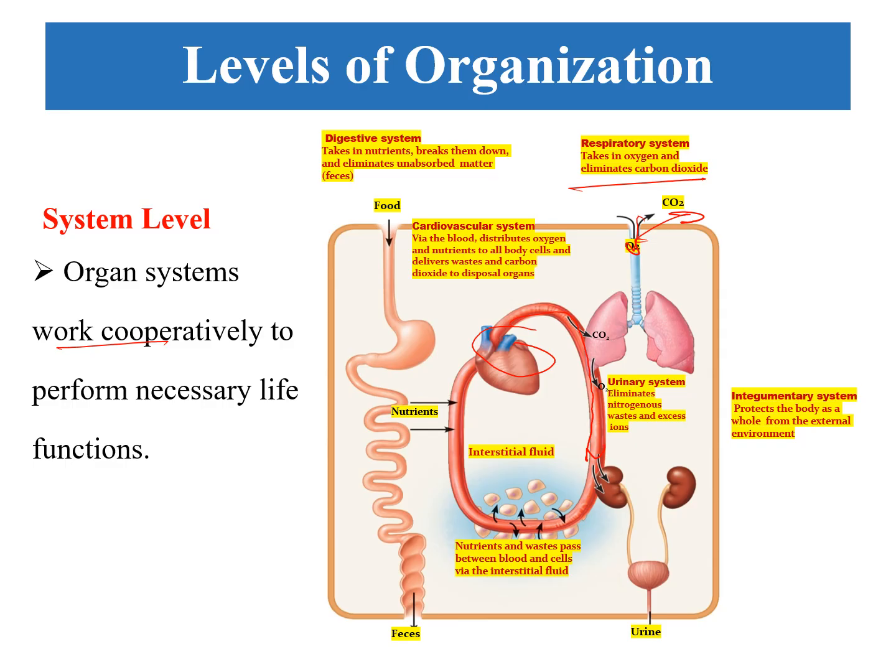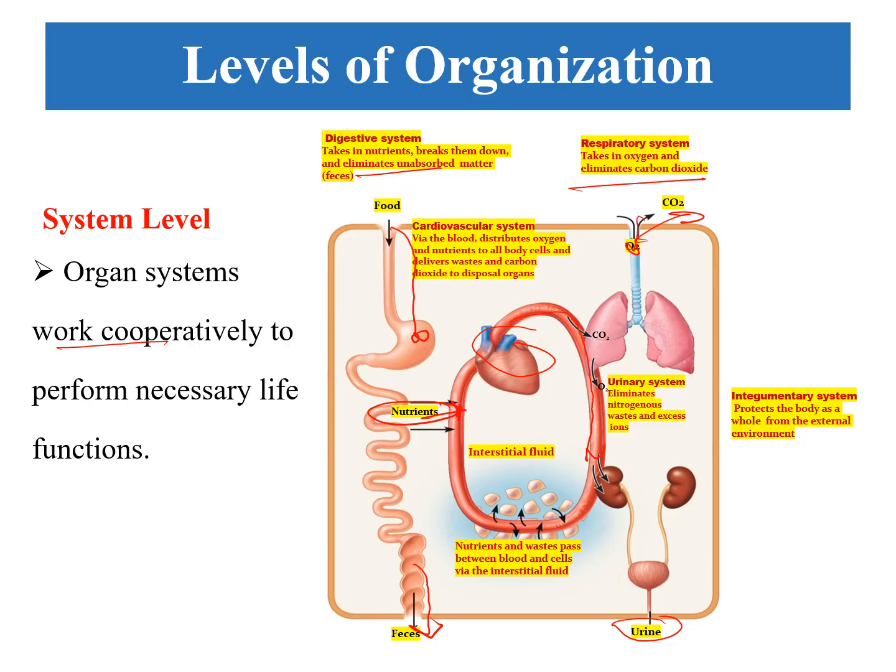Then, once these cells have metabolized, the waste that is produced is removed by the kidneys through the urine. Then the GIT, the digestive system, is there to bring in the food particles that contain the nutrients, which are taken into the bloodstream and transported by blood to the cells, while also removing waste materials through the feces.